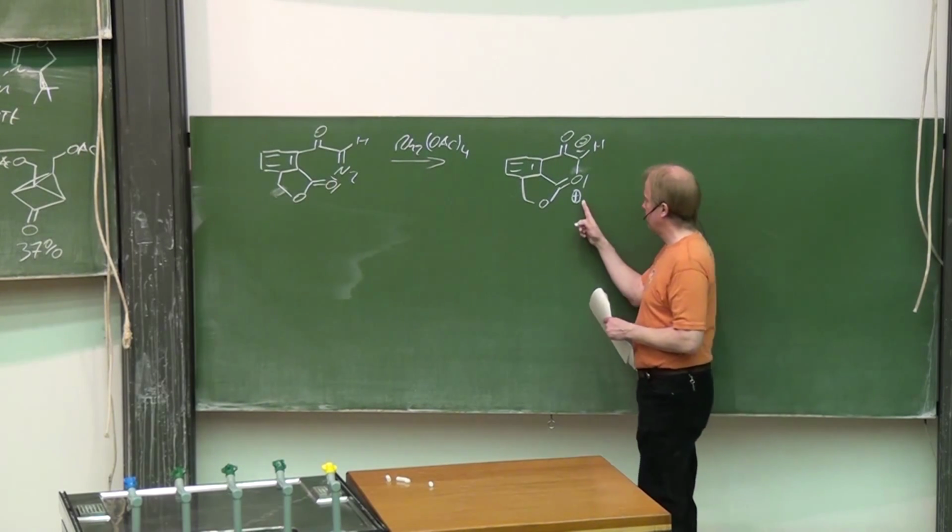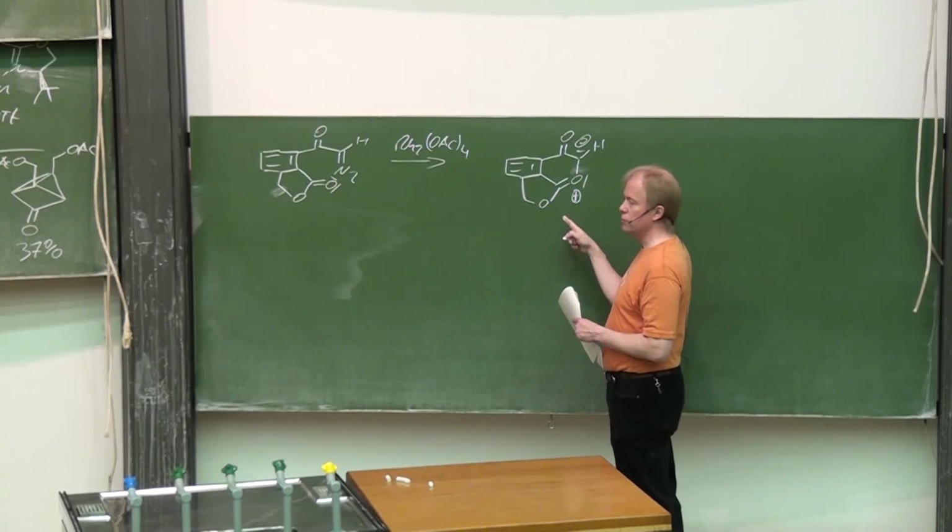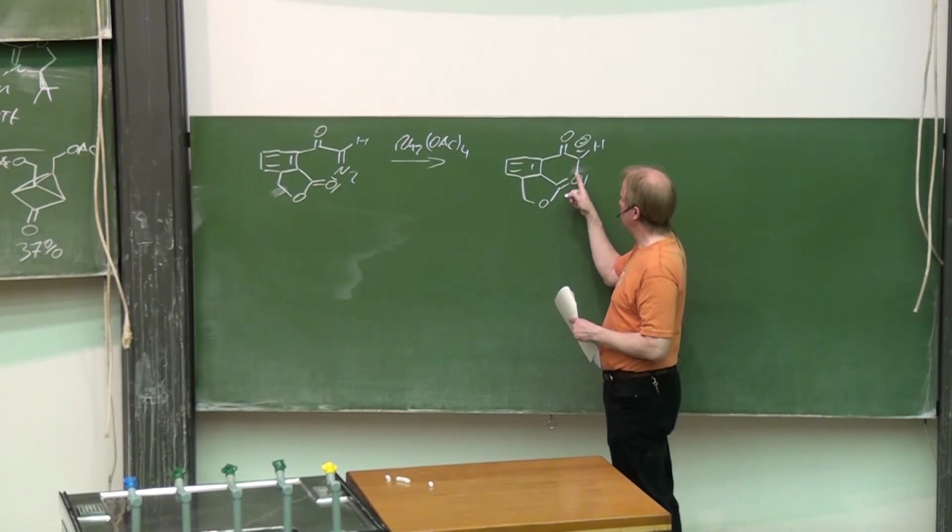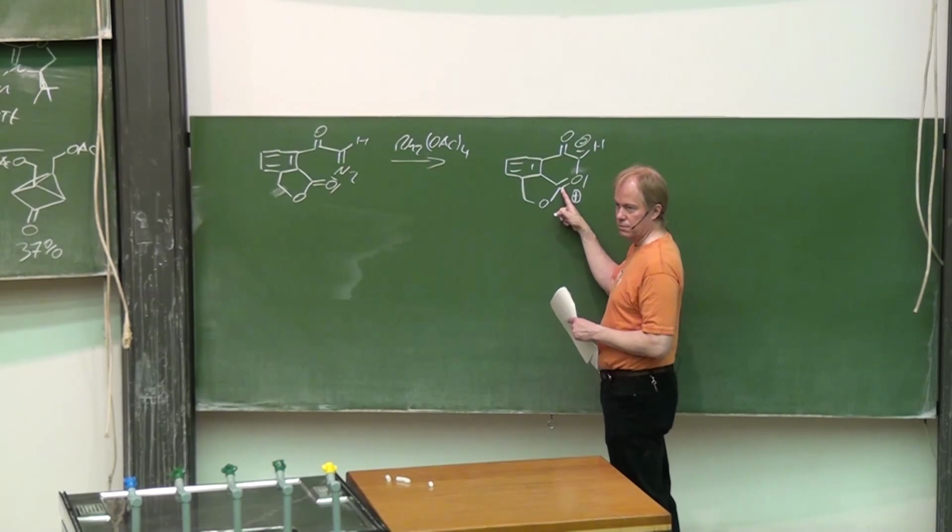So now mesomeric structures, and you notice that you have a 1,3 dipole.